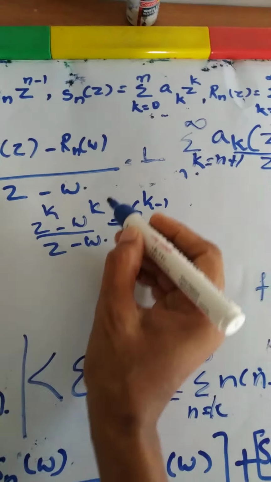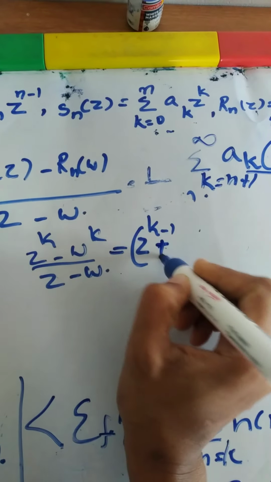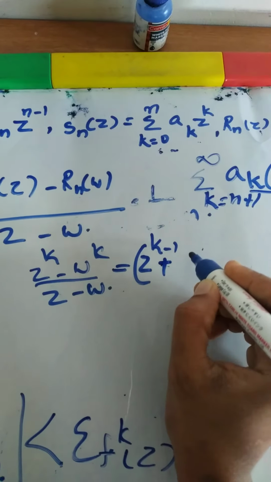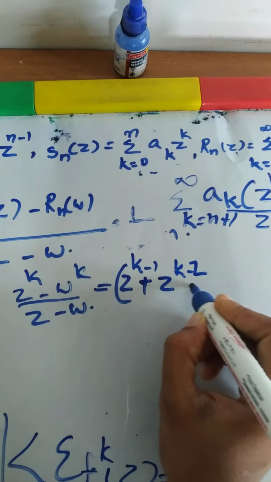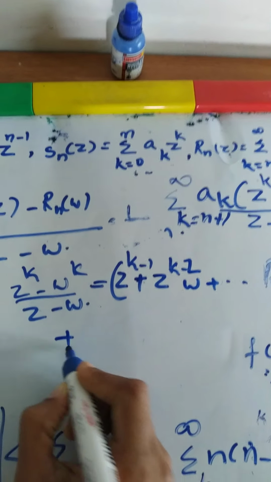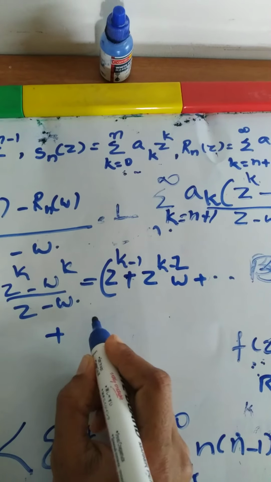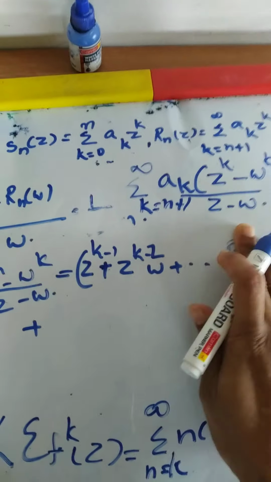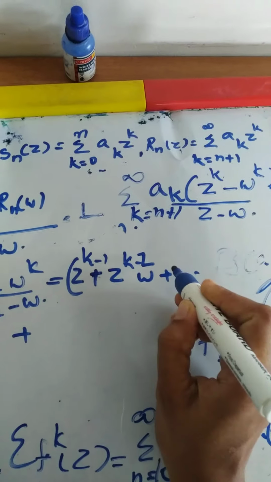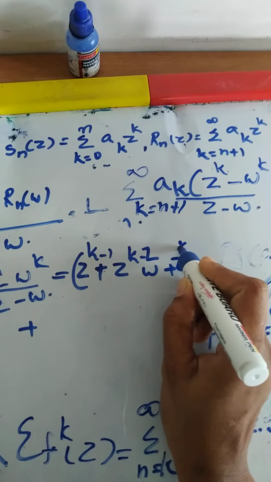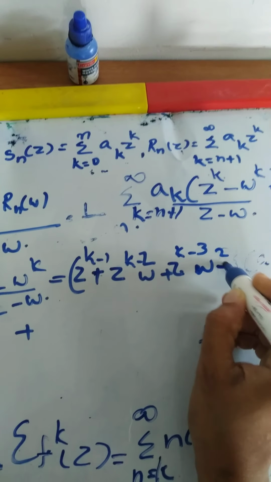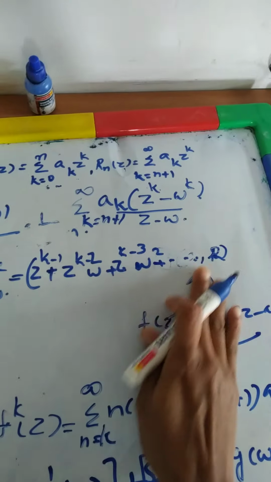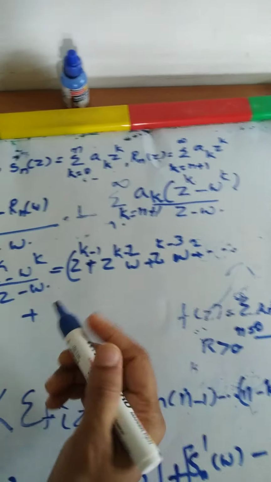You just apply this relation here: instead of a, here z, and instead of b, here w. So this changes into z raised to k minus 1 plus z raised to k minus 2 into w plus z raised to k minus 3 into w square plus etc., plus the last term. What is the last term?